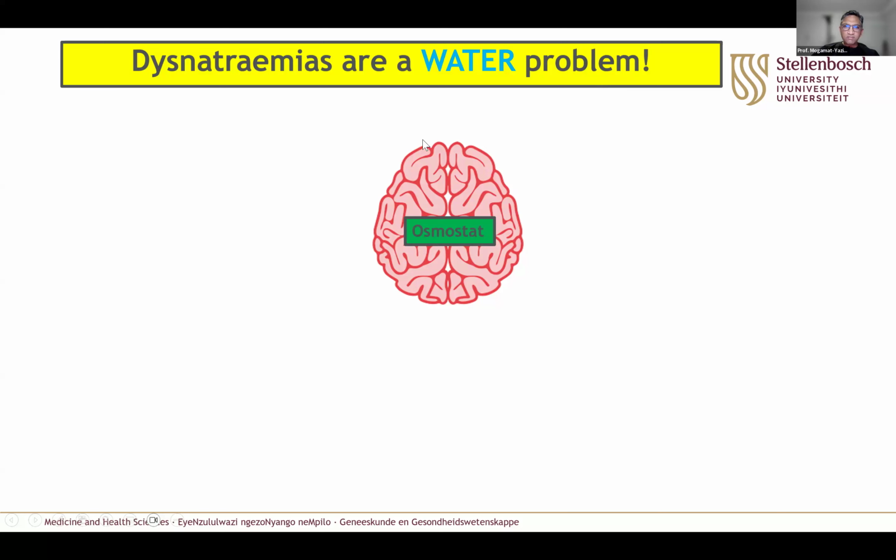So what are the mechanisms for water control in the body? Number one, in the hypothalamus, we have the osmostat that monitors changes in serum osmolality. And when there are changes, the hypothalamus then sends a signal to the thirst center, and it either stimulates thirst, so you drink water in the case of hypernatremia, and if there's hyponatremia, it will switch off the thirst center, and the person will avoid drinking water.